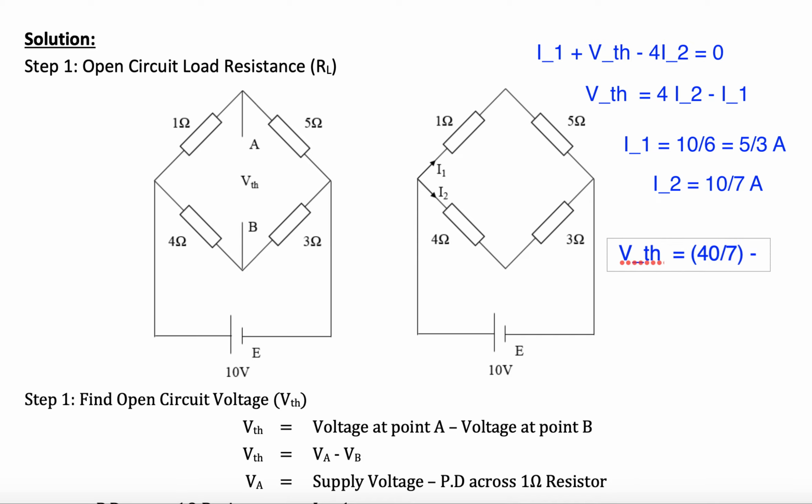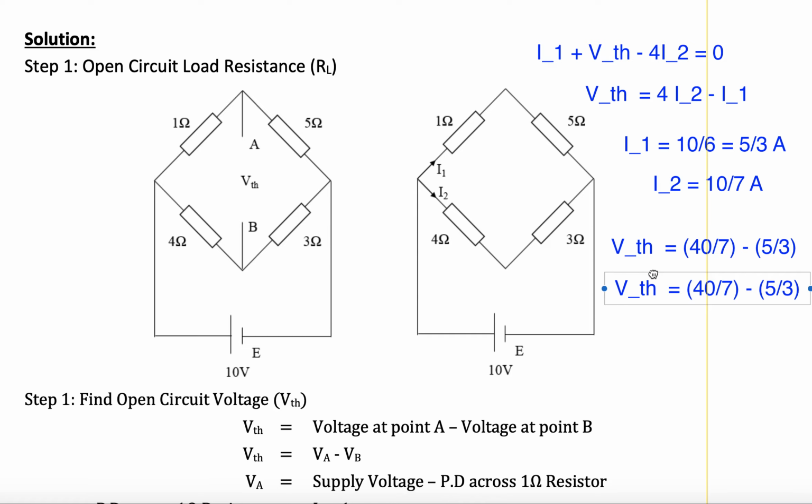Then VTH is nothing but 40 by 7 minus 5 by 3. Take LCM. LCM is 21. Both are prime to one another. So 40 times 3 is 120 minus 5 times 7 is 35.